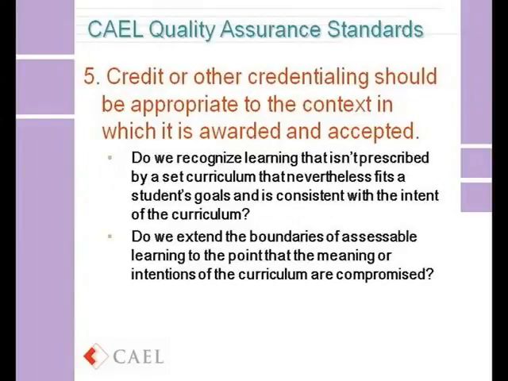And Standard 5, the last of the academic standards: credit or other credentialing should be appropriate to the context in which it is awarded and accepted. What counts as creditable learning may differ from one context to another. Several factors can create the context referred to in this standard.